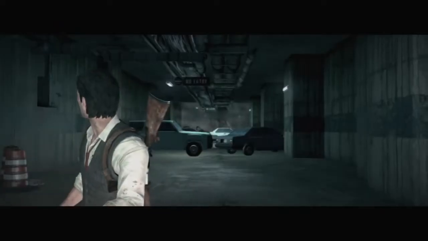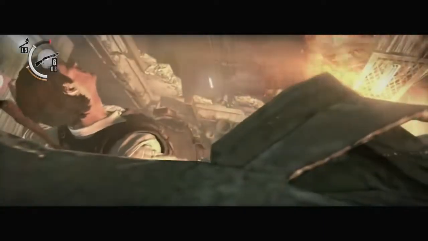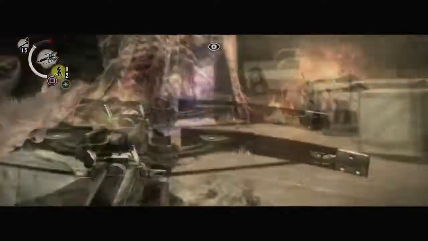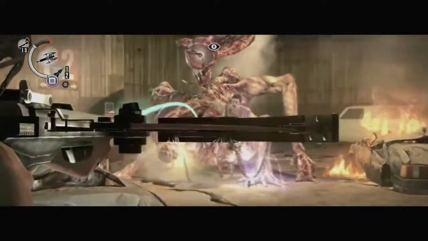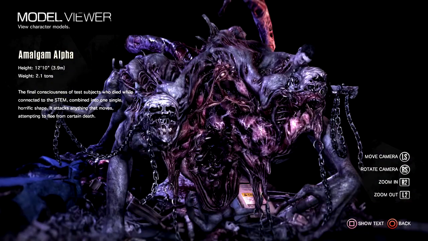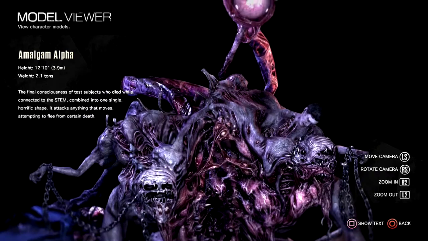The Amalgam Alpha is a horrific manifestation that accumulates every final thought from a dying victim that is connected to STEM. The amalgam is then warped and shaped into a singular mass that is created from multiple organisms. The serrated flesh, the chains, and the absolute pain from this creature is all normal when it comes to Ruvik's psychotic design.